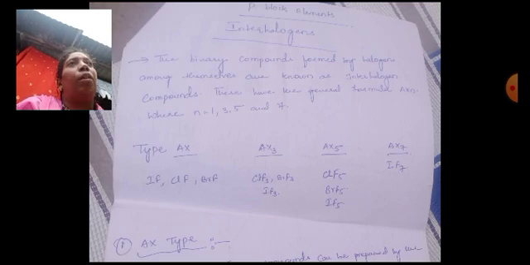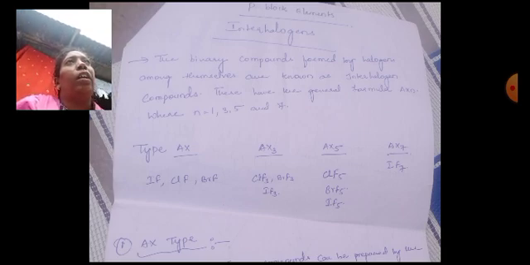Let me repeat the definition once again. Binary compounds of halogens are known as interhalogen compounds. They have the general formula AXn, where n is 1, 3, 5, 7. It will be odd numbers.